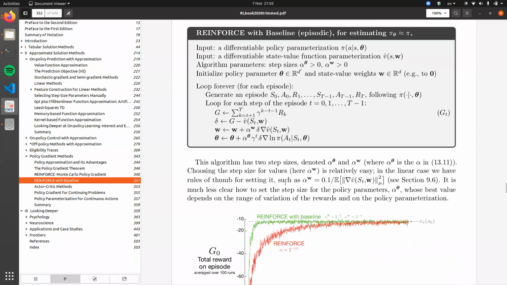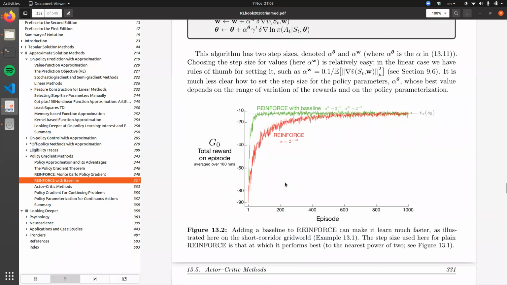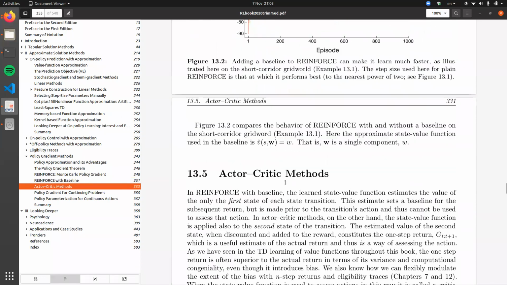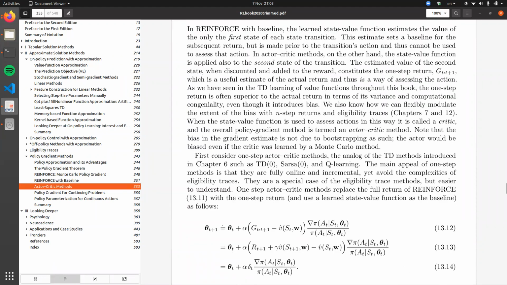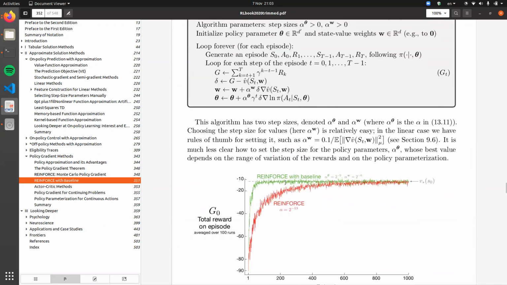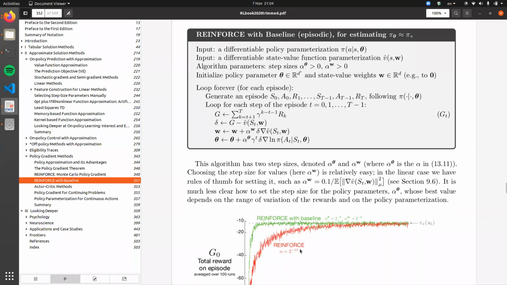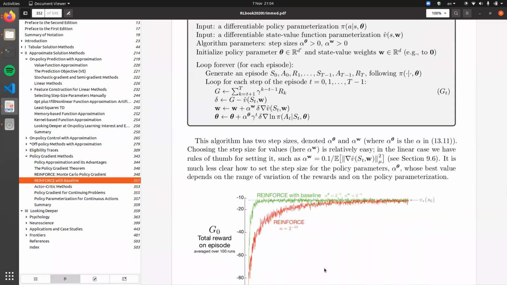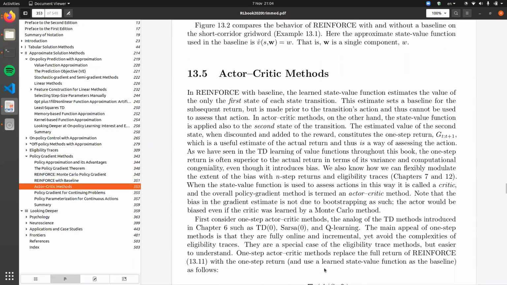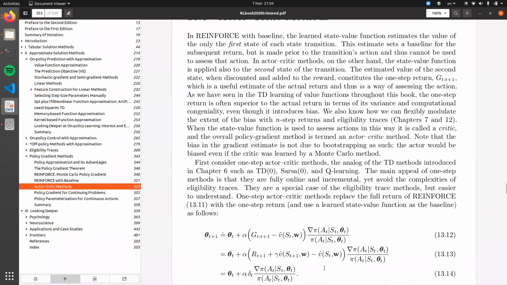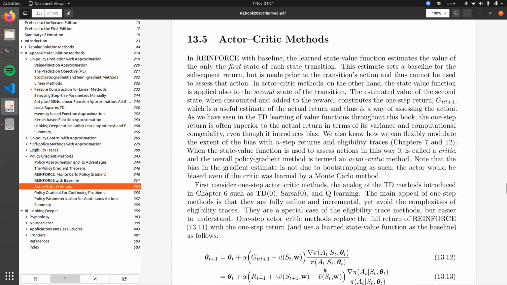Can we go even further in this direction and make essentially a hybrid of an algorithm that estimates a value function and a policy gradient algorithm? So now we come to what are called actor critic methods, where actor stands for the policy function and critic stands for the value function.